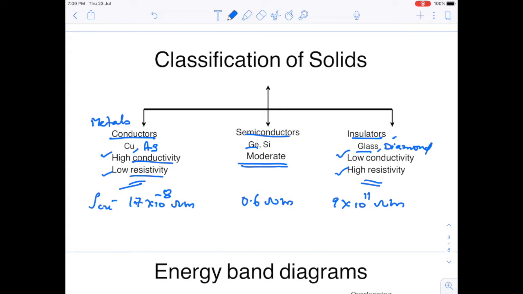Based on this, you can see that the value lies in between these two. That means the resistivity rho of a semiconductor is greater than that of a conductor and less than that of an insulator.